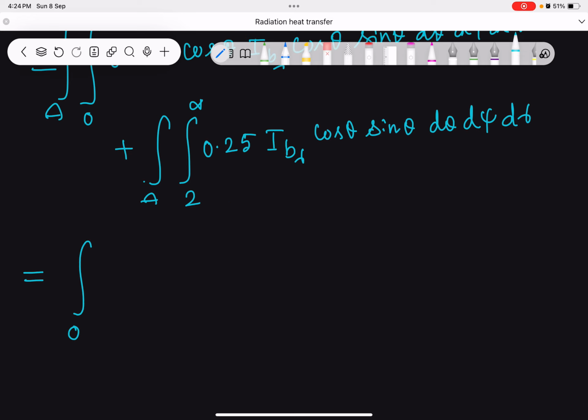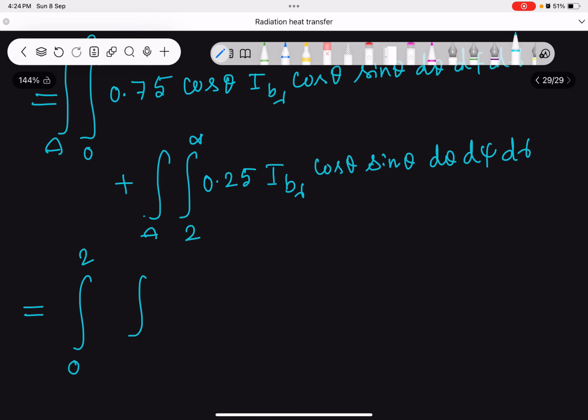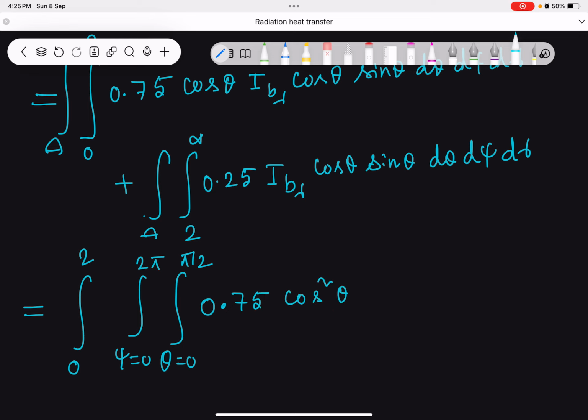So 0 to 2. Over the hemisphere, theta is equal to 0 to pi by 2 and psi is equal to 0 to 2 pi. Now you have to do this integration, 0.75 cos square theta sin theta d psi.